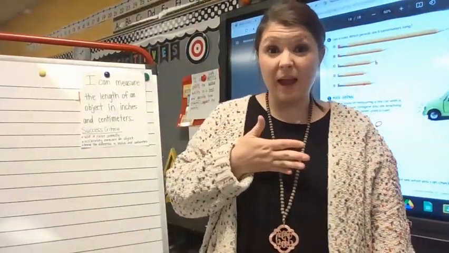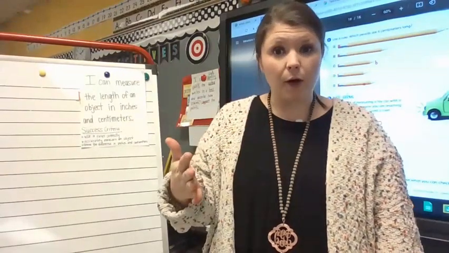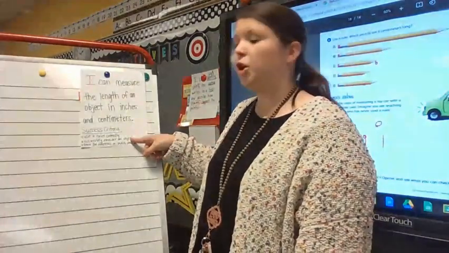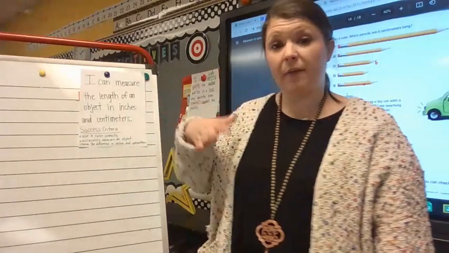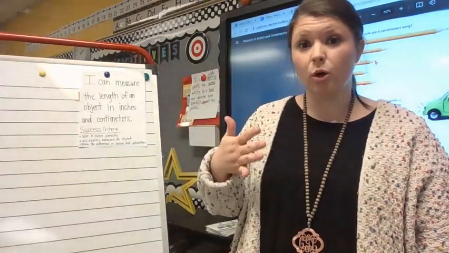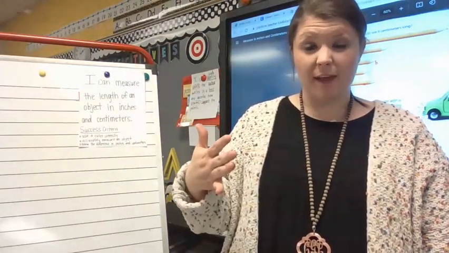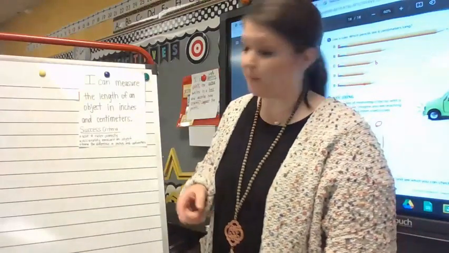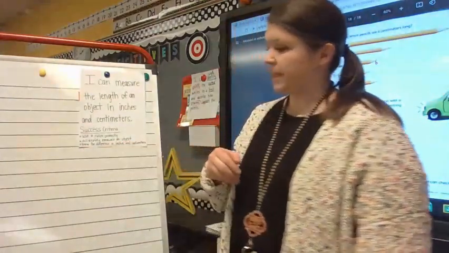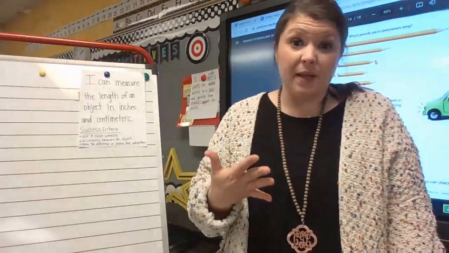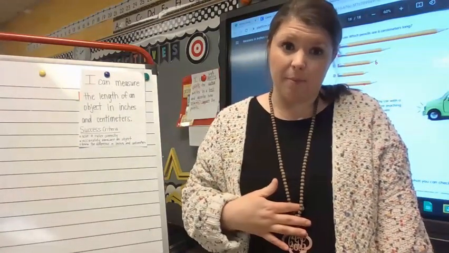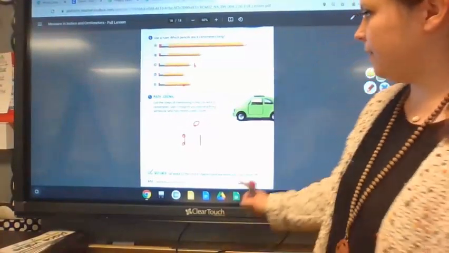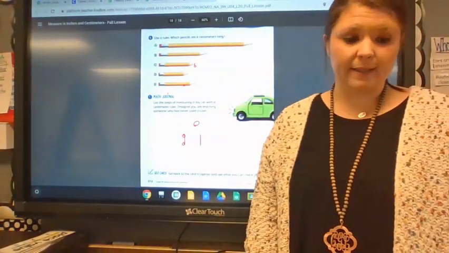You need to explain to somebody how to use a ruler. Can you accurately measure an object? Think about those things that you need to do in order to accurately measure an object. That goes back to how to use a ruler, right? And knowing the difference in inches and centimeters, that's something that we would need to explain to them. All right, so go ahead and answer question number 5. When you're done, let's come back and check.